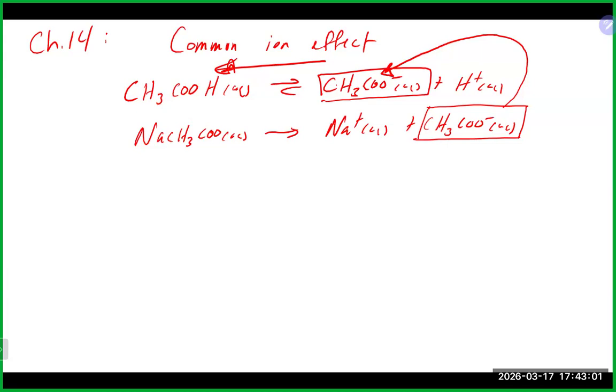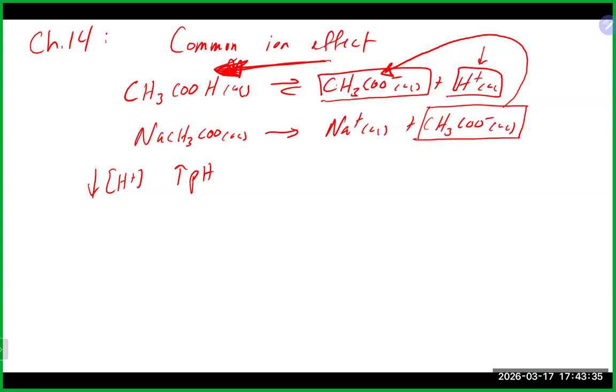The result of that in terms of the pH is, because it is shifting to the left in this example, we are shifting away from the H plus, and we will have a lower H plus concentration in this solution with the common ion than if we had just the acetic acid by itself. The result is we will see the H plus concentration go down and the pH go up in comparison to acetic acid by itself.